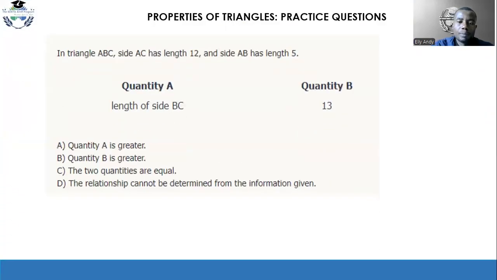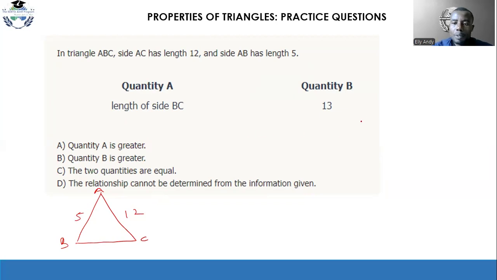Another example, in this case, we have a triangle ABC. So again, we'll sketch it. A, B, C. And this time we are only told that AC has a length of 12 and AB has a length of 5. So we need to know the relationship between side BC and 13, this side.